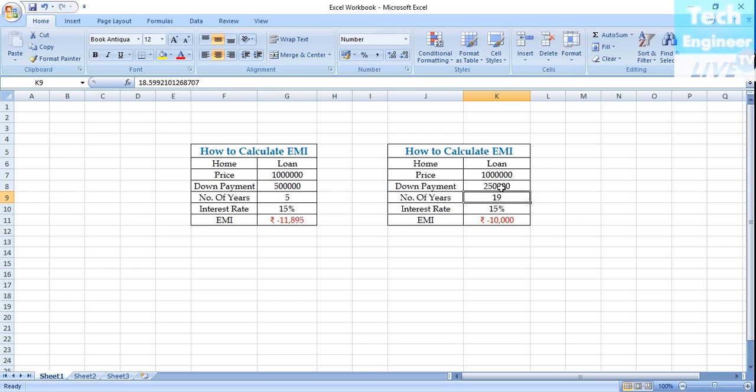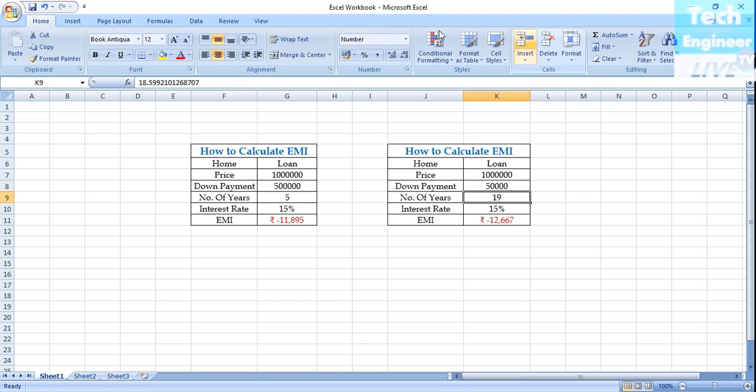So this is how we calculate the entire EMI sum. Now if I change something there, then the entire position will change. If I say 50,000 only, then the EMI will change again. Once again, let me see how many years it would take.